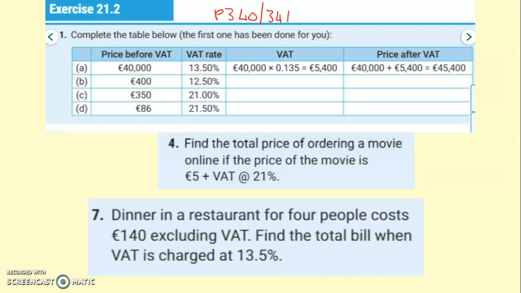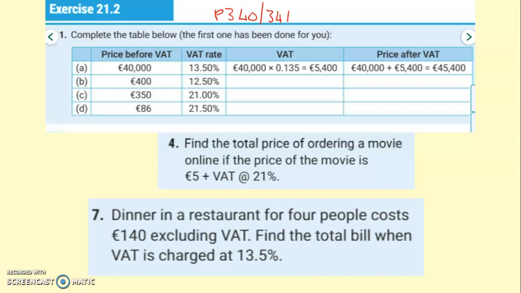Question 4, find the total price of ordering a movie online if the price of the movie is €5 plus VAT at 21%. So again, you're following your steps, finding 21% of €5, which gives you the VAT amount, and then add that on to €5 to give you the total price. Question 7, dinner in a restaurant for 4 people costs €140 excluding VAT.